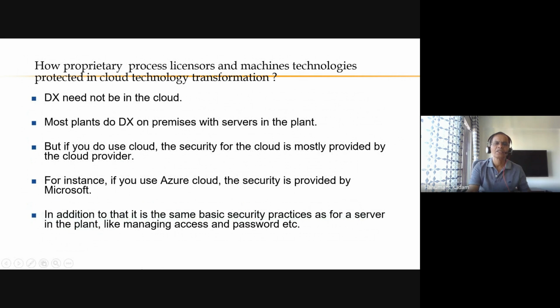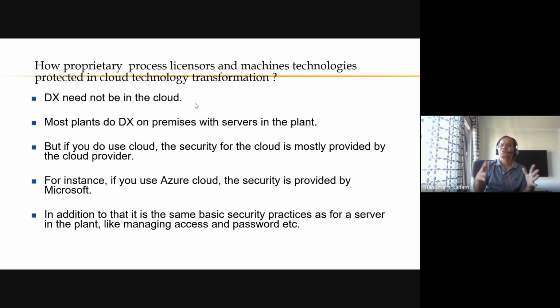So you can see here how proprietary process licensor and machine technologies are protected in cloud technology for digital transformation. Presently we have certain applications running on the cloud.